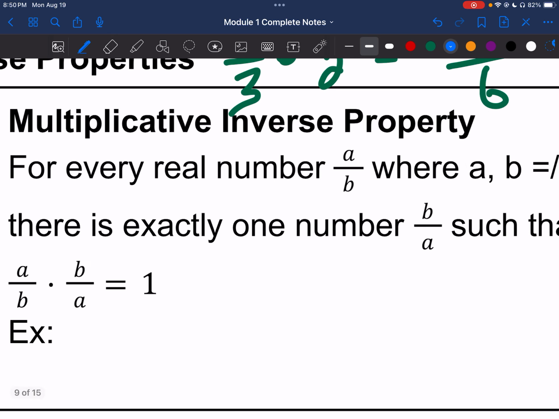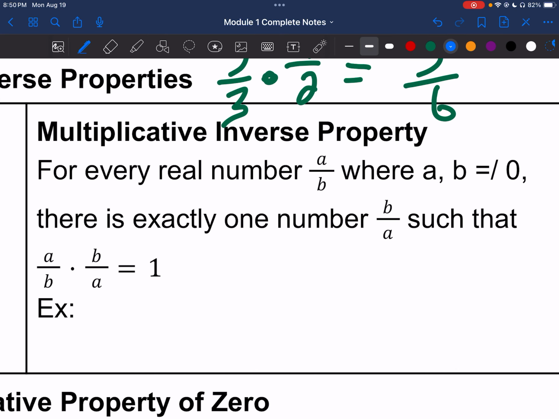Now, the multiplicative inverse property: for every real number a over b, where a and b are not equal to 0, that's supposed to look like not equal to, but I couldn't find it on the keyboard. So a and b are not equal to 0, because one would make it 0, the other would make it undefined. There is exactly one number, b over a, that would make that an inverse. So we call this the reciprocal.